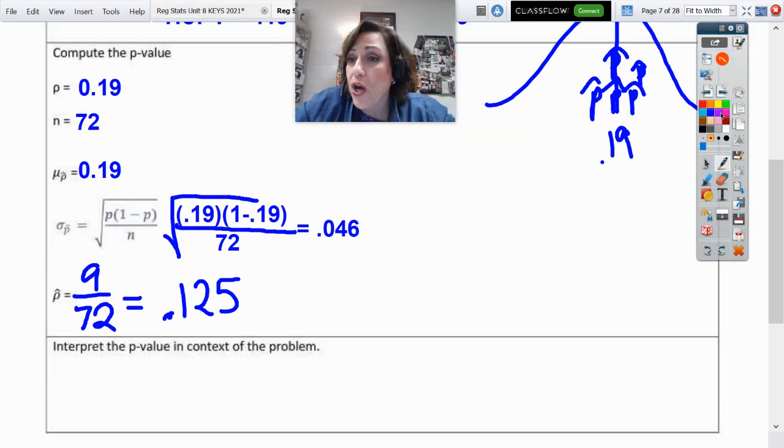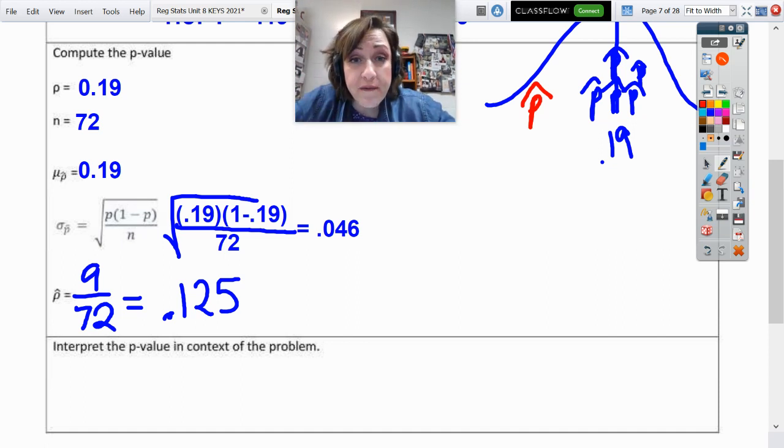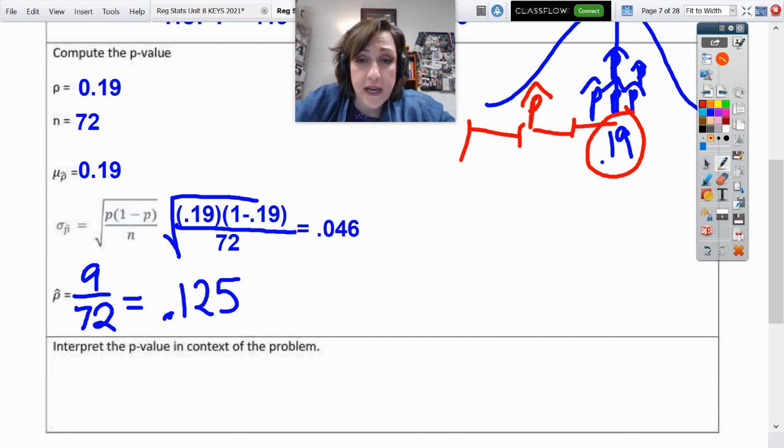All right. So I'm going to draw that picture on here. I want to draw that particular sample. Here it is. There's the p-hat I'm investigating. I want to know, is that far enough away that it makes me wonder if the data is really centered around 19%? That's what we're wondering. In order to know if it's really far away, I need to see how many standard deviations it is away. So I'm going to get a z-score. You know how to do that.